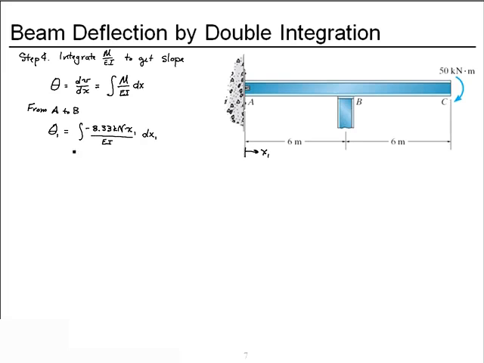Well, we're integrating a polynomial, so we increase the power of the x term to squared and then divide the whole thing by the new power.